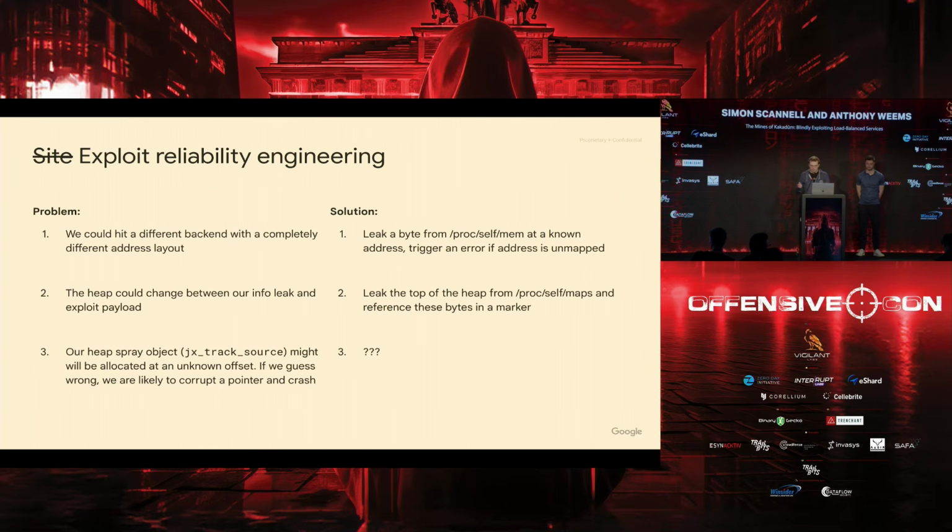The first one: we might leak the address layout in one request, and then on our next request, it is very likely that we hit a completely different worker. There are hundreds to thousands of different workers. It's basically guaranteed that we won't hit the worker that we want on the first try.